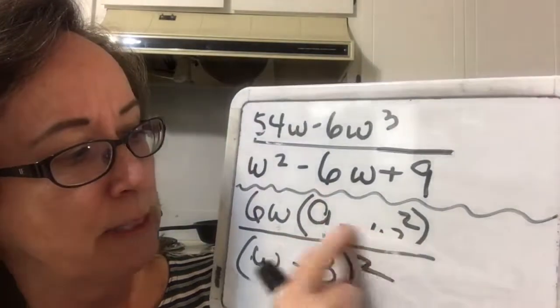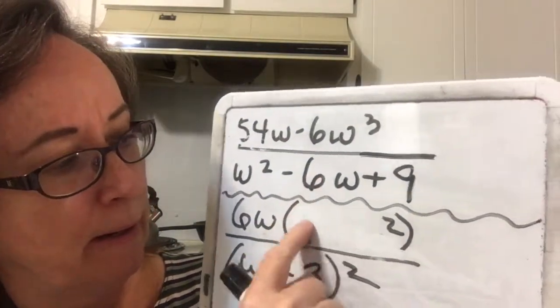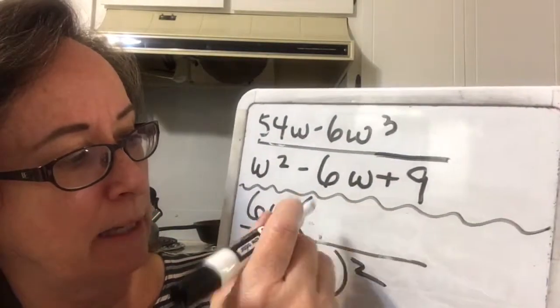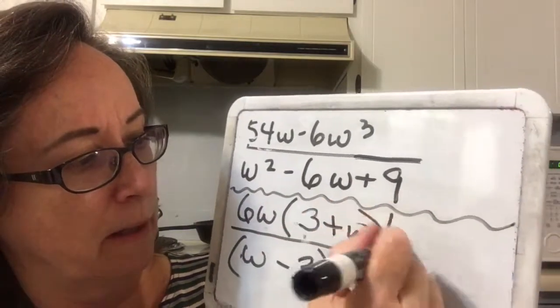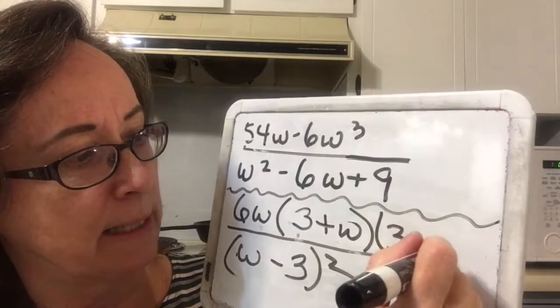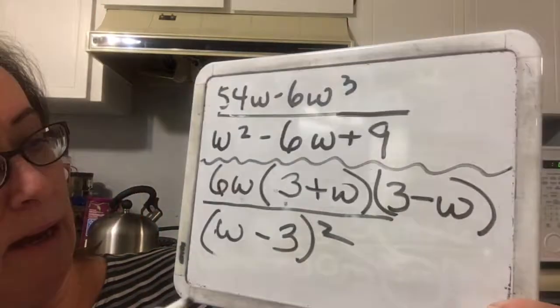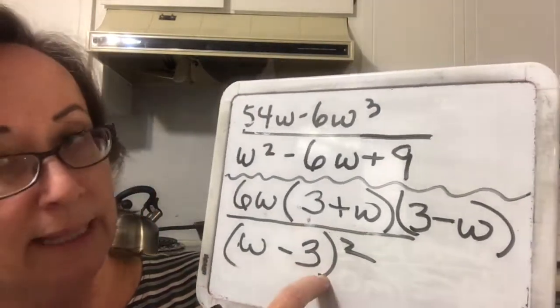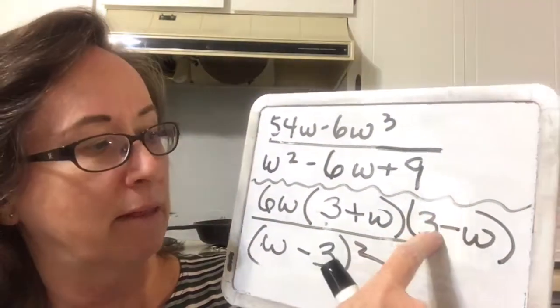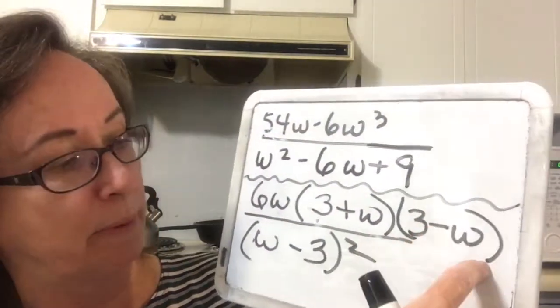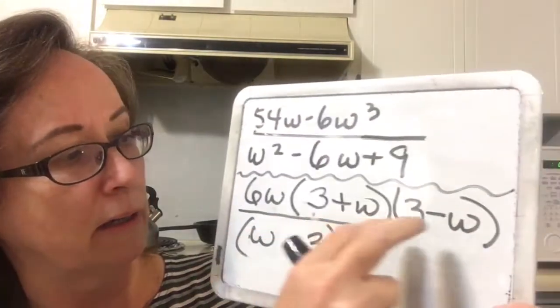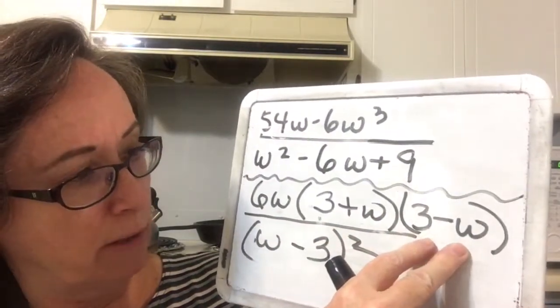So we're going to take this one out here because of board space and make this 3 plus w, 3 minus w, and now because we have a w plus 3 and a w minus 3 and a 3 minus w, these are negatives of each other.